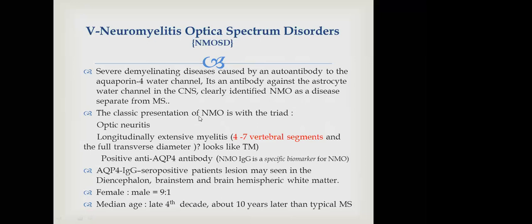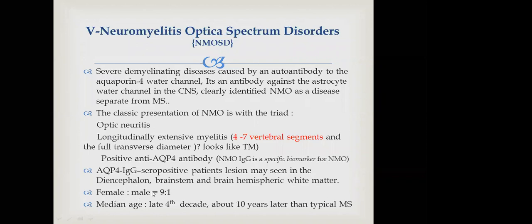A classical presentation of neuromyelitis optica has optic neuritis and longitudinally extensive myelitis in the cervical cord. More than 4 to 7 vertebral segments are involved with the full transverse diameter of the cord. It looks like transverse myelitis with a positive AQP4 antibody in the serum.